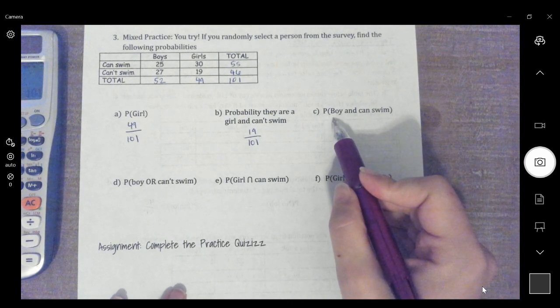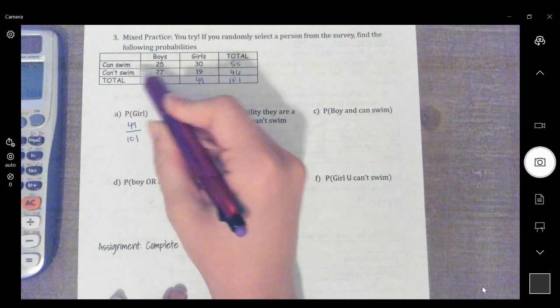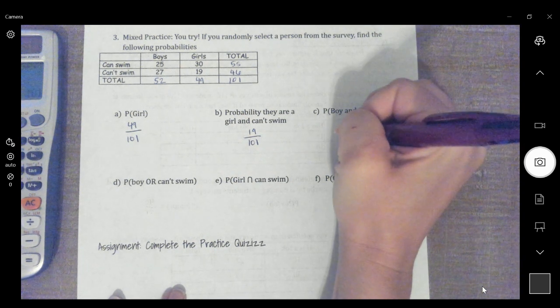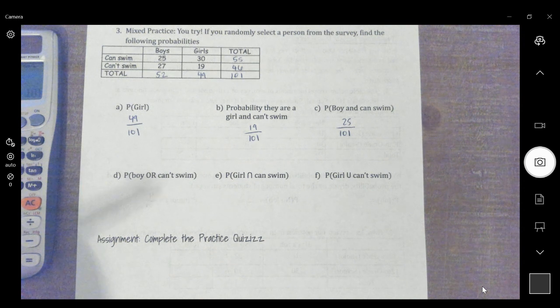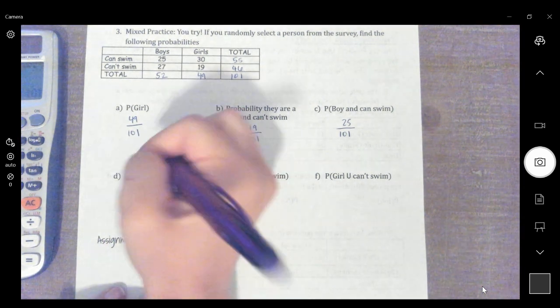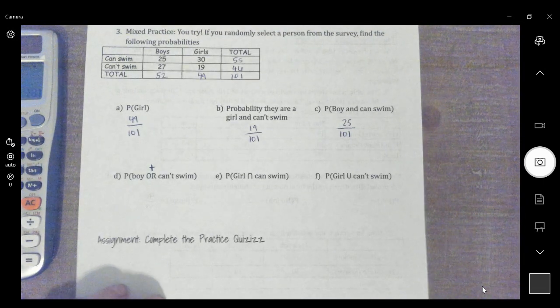C, probability they're a boy and can swim. So boy and can swim, so that's 25 people out of 101. Remember, that's just finding where they intersect. D, probability they're a boy or can't swim. Or and union are when I add together.